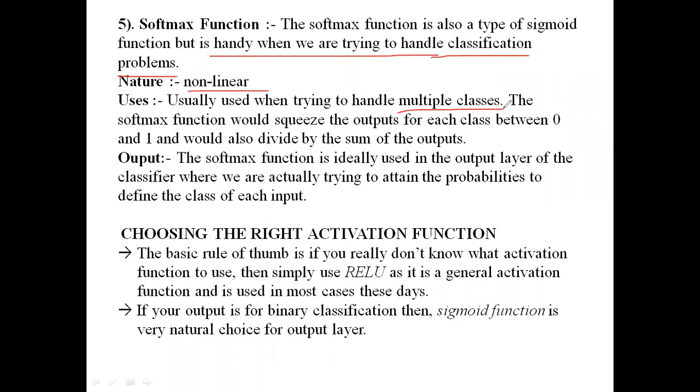Sigmoid function works as a binary function, which means it produces either 0 or 1 as output. But with the softmax function, you are going to get multiple outputs ranging from 0 to 1, giving the differences between multiple classes.